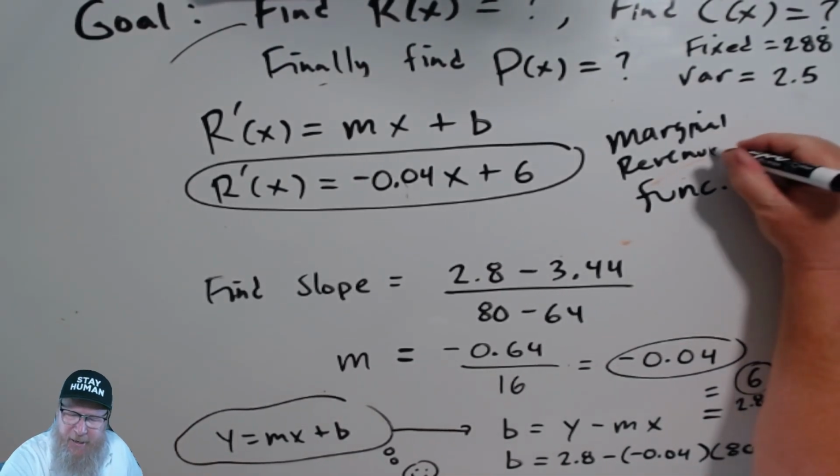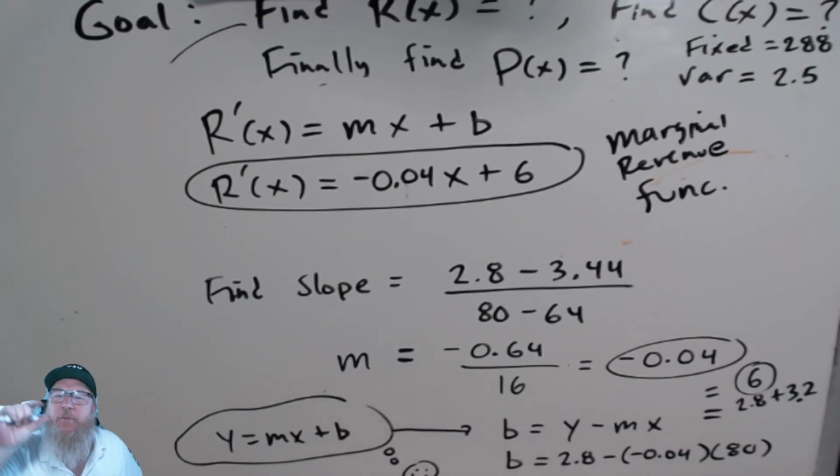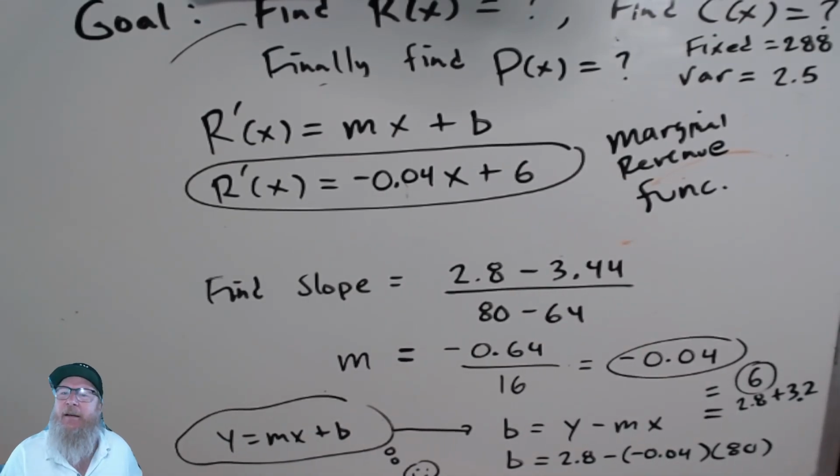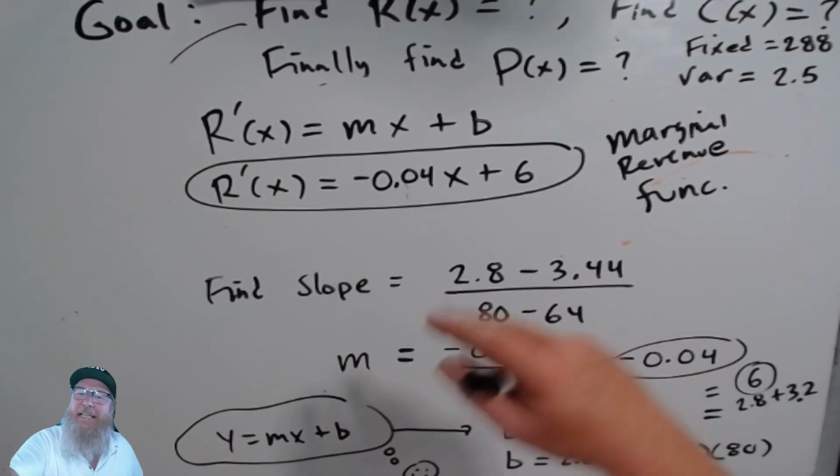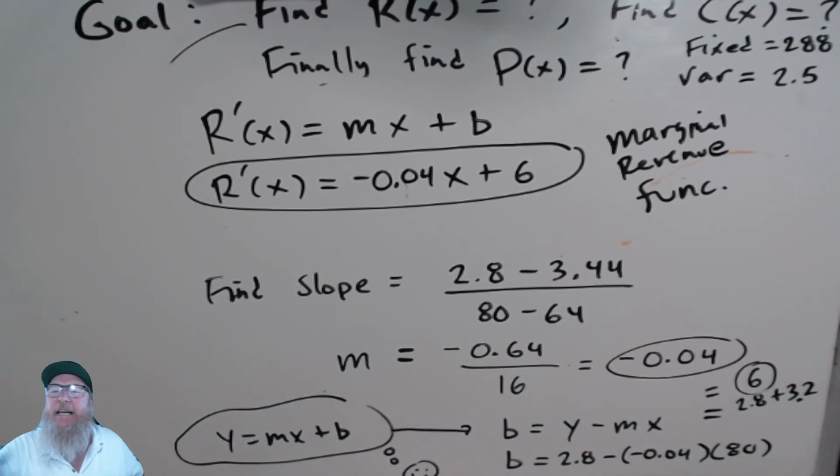In other words, if you want to know how much you're making on the margin, right? That's what we say in each increment or each additional gallon. This tells you the additional revenue from selling the next gallon.